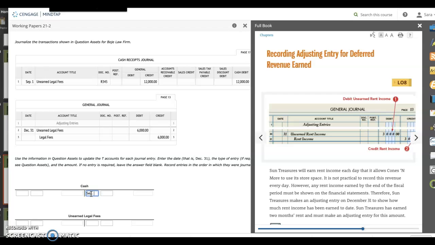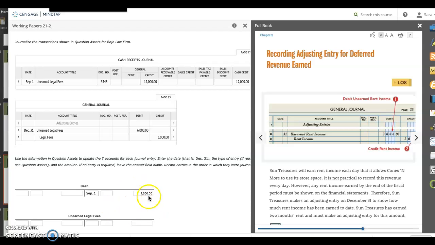Our date will be September 1st. We're going to leave that blank because it's just a regular entry, and then 12,000. Not sure why I can't type in 12,000.